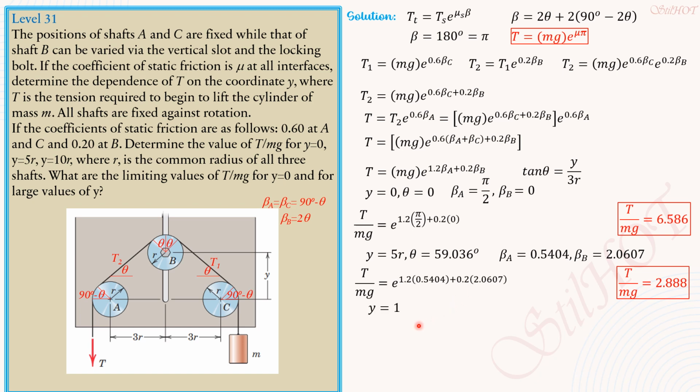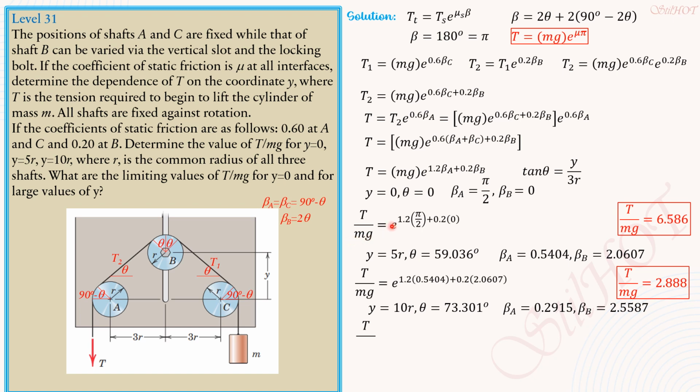Then when y is 10r, theta is arctan of 10 thirds, and that's 73.301 degrees. Then beta A is 90 minus 73.301 degrees times pi over 180. That would be equal to, in radians, 0.2915. And beta B, which is 2 times 73.301 degrees, 2 theta times pi over 180, is 2.5587 radians.